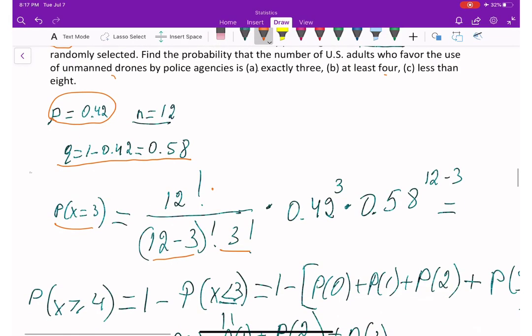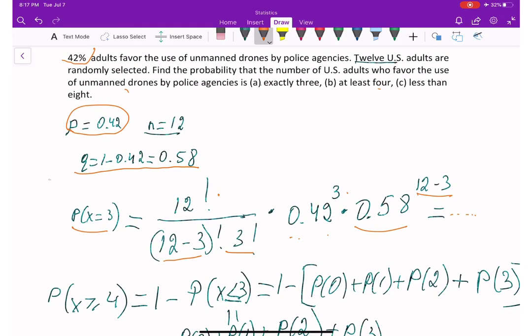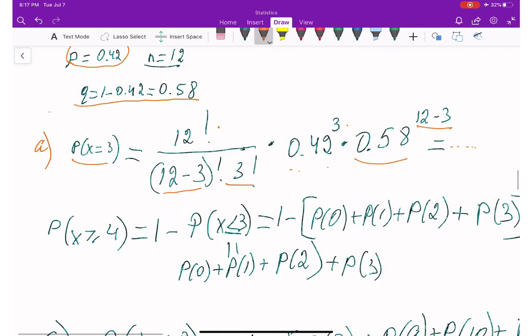And then solving 0.42 to power x, which is 3, 0.58 to power n minus x, which is 12 minus 3, and you solve it. Okay, then that will be your answer for exactly 3. This is your A. Next, B, at least 4.